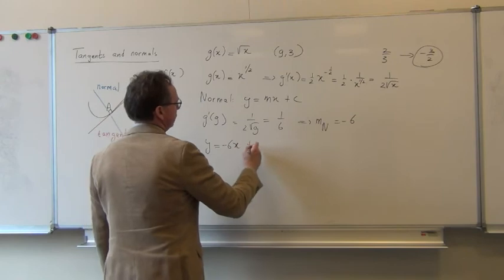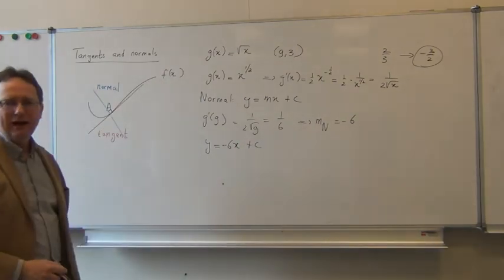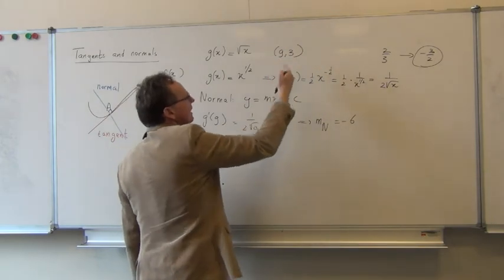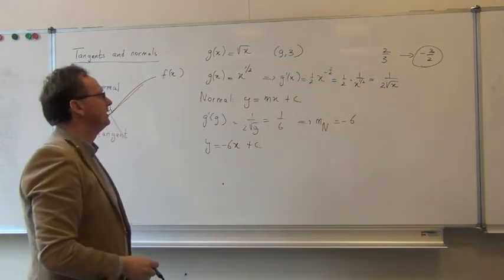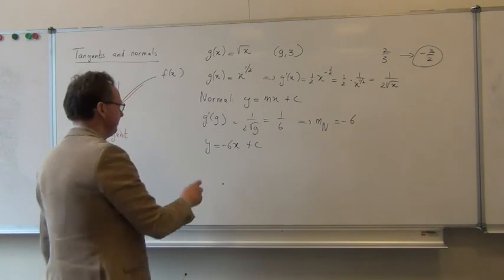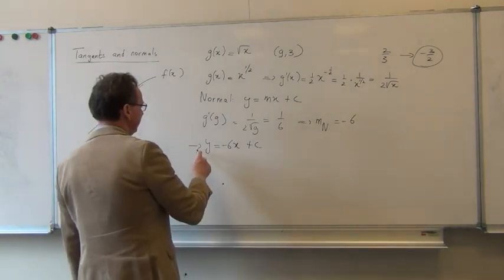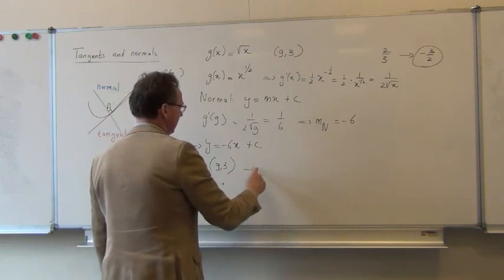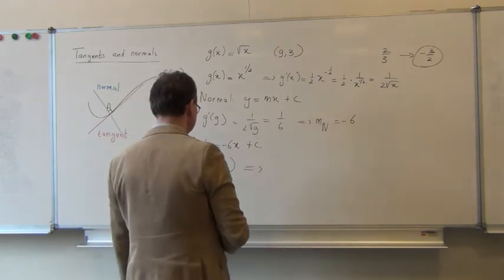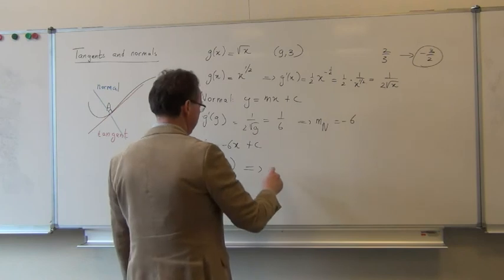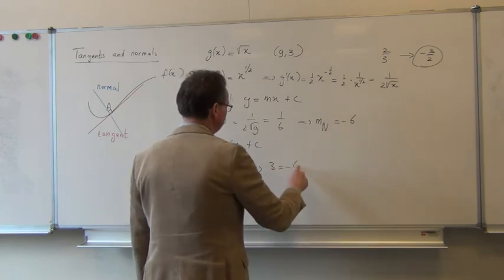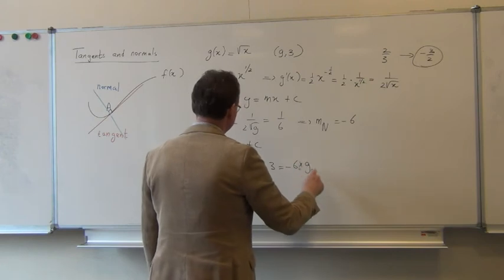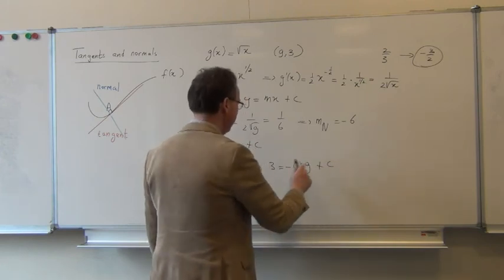And then we can continue to find the c value, and we do that by filling in the point. It's still the same point: if x is 9, the y should be 3. So if you fill in the point (9, 3), then we can say that 3 is minus 6 times 9 plus c.